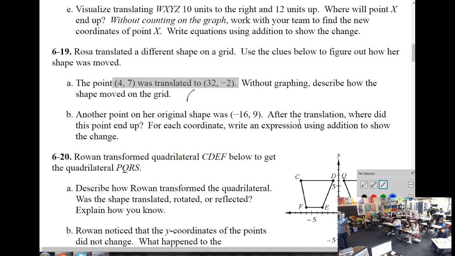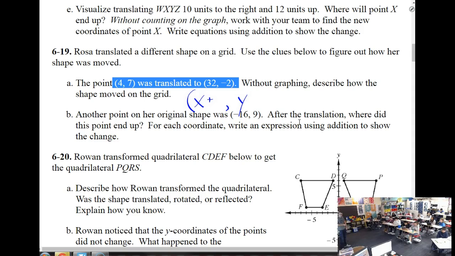We want to write our translation as x, and then what happens to it, comma, y, and then what happens to it. In 19, what happened to x? 28, right? It got added. 28 got added to the value. What happened to y? It went down by 9.